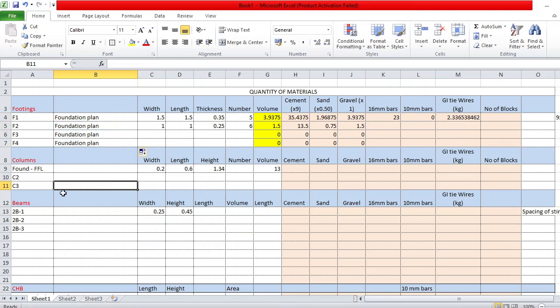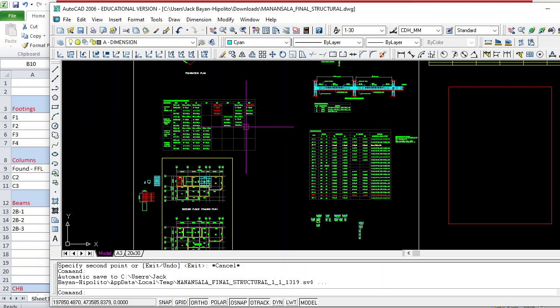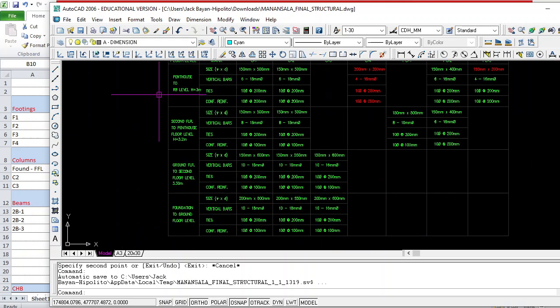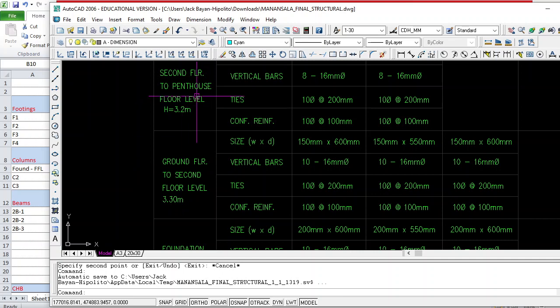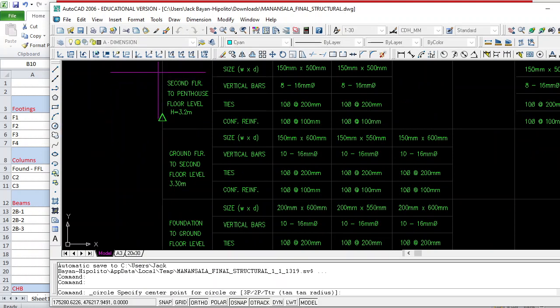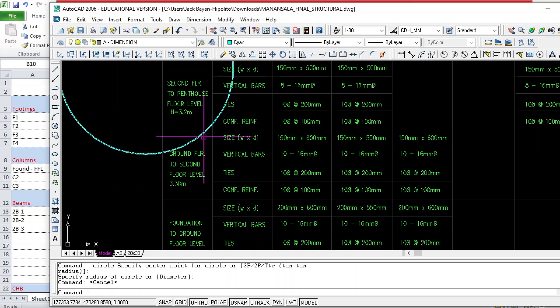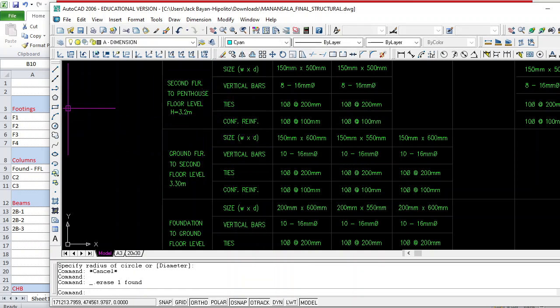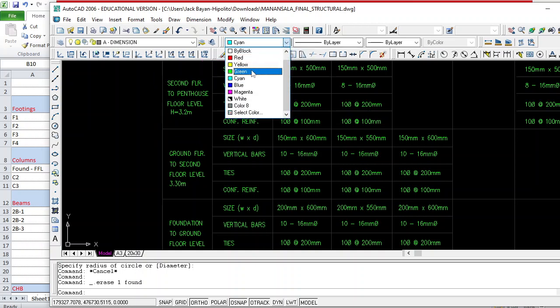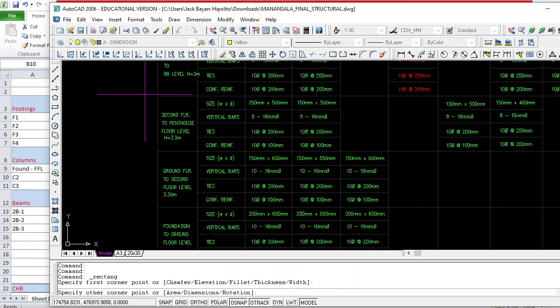Now, paano ngayon ang column natin? Kung foundation plan lang at saka ito. So, lilimit ngayon natin yung column nyo, magbabawas tayo sa column. Okay? Since we are considering only second floor to penthouse level, so this one will be used. Okay? Ito, we will be using this one. Color it yellow. So, you will be using this data here. Okay?